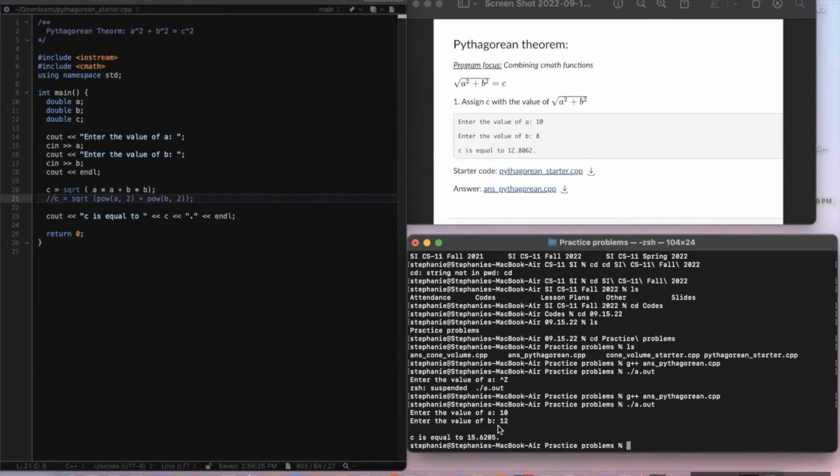That means that your hypotenuse is 15.56. So this is the calculation for when you have a right triangle. That is not a right triangle. I did have a right triangle. And this one was 10, this one was 12. The length of your hypotenuse is 15.6205. All right, very nice work.